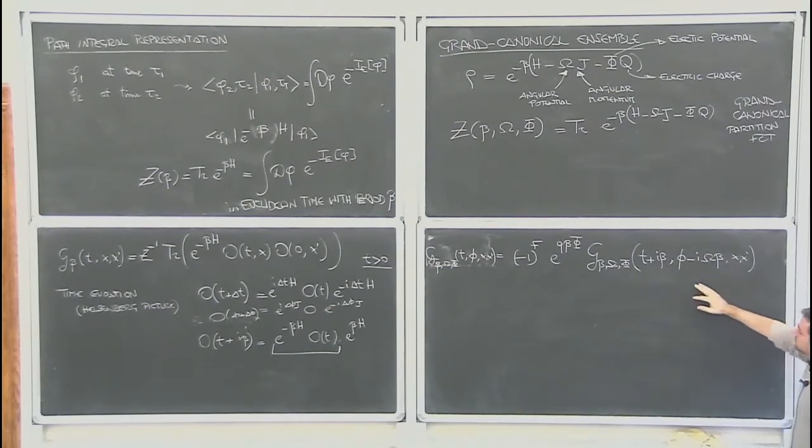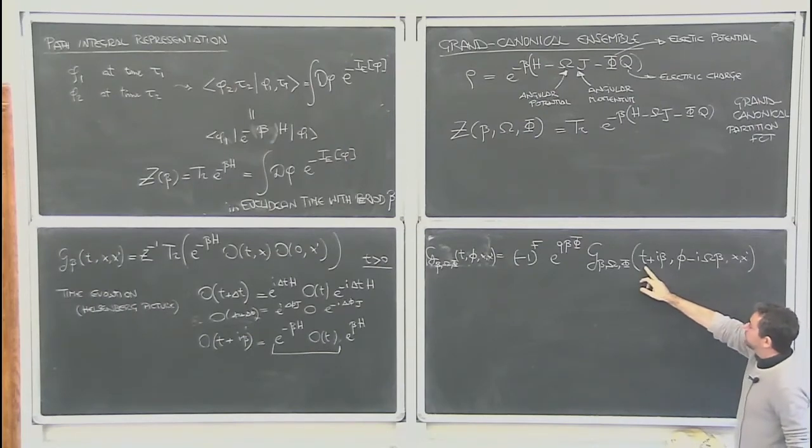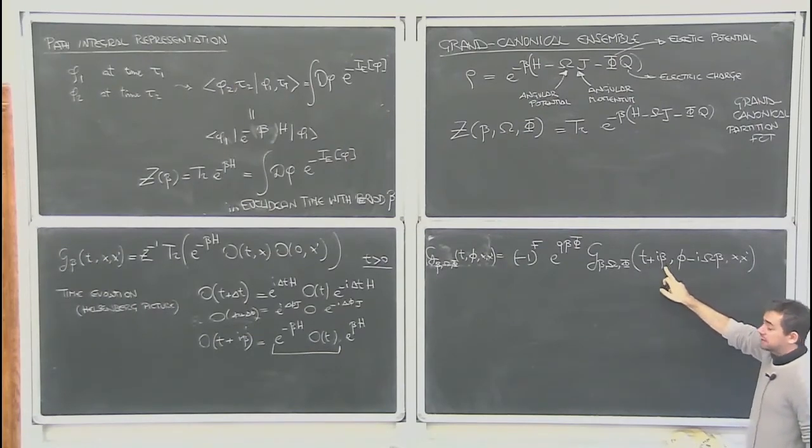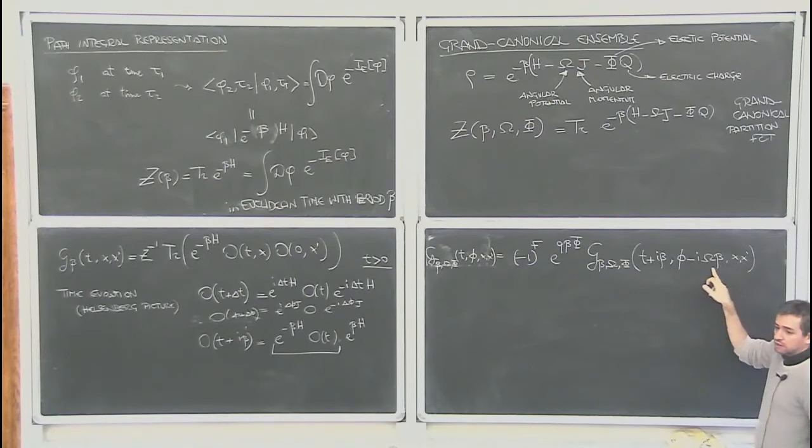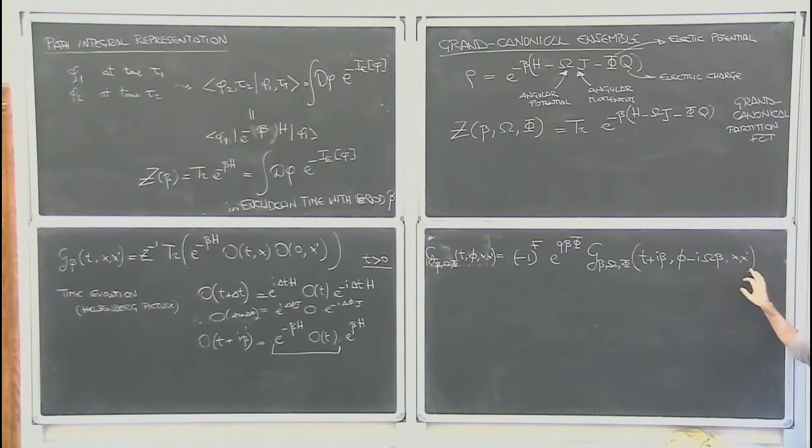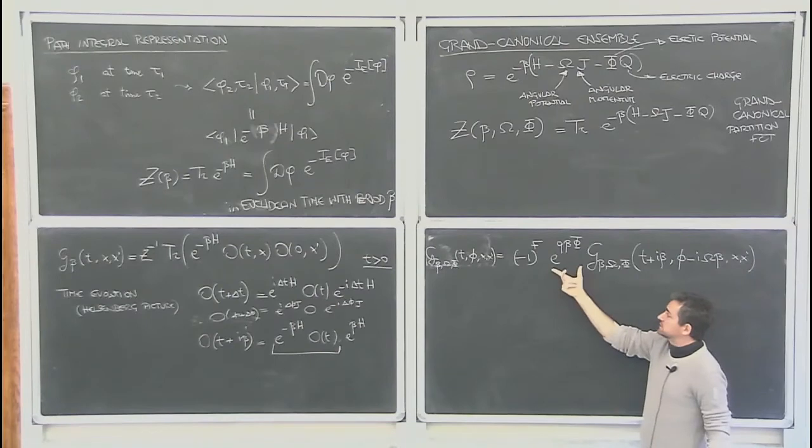So what's the meaning of this? That when we go from t to t plus i beta, at the same time we rotate by this amount in imaginary angle phi, and nothing happens to the other coordinates. And the charge induces this transformation.